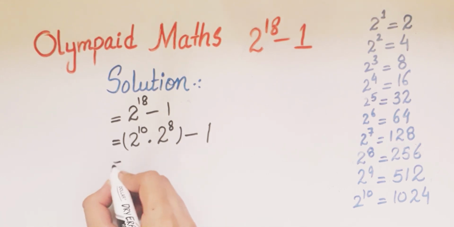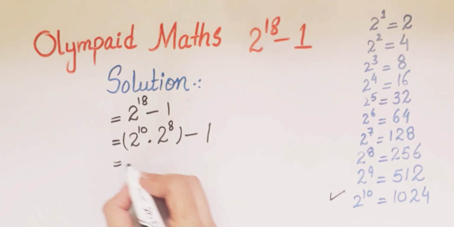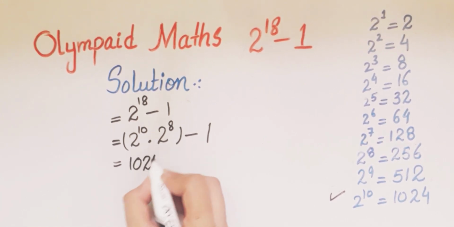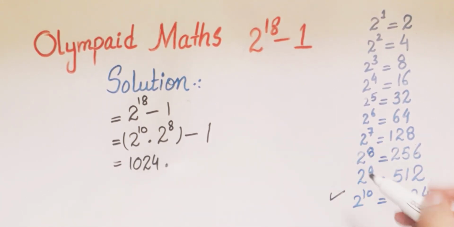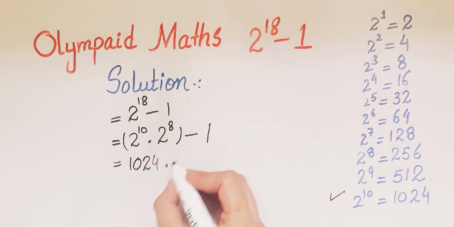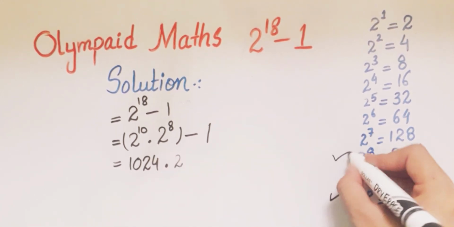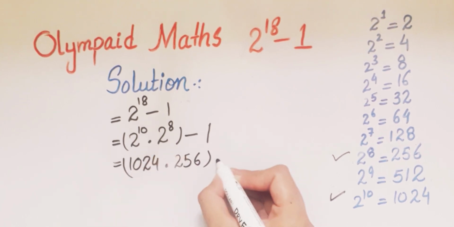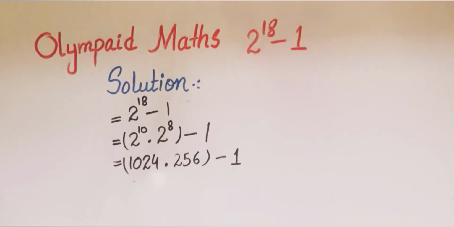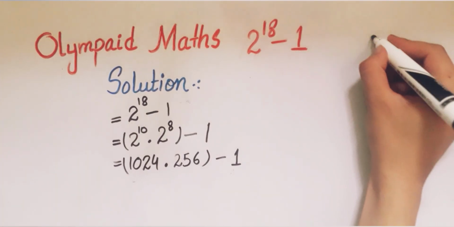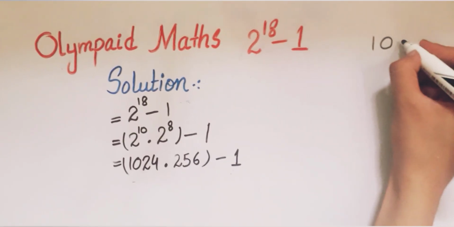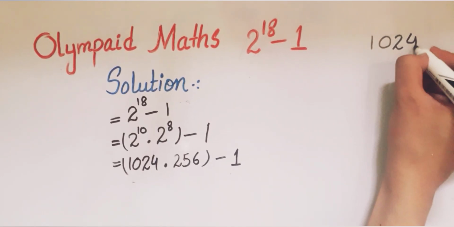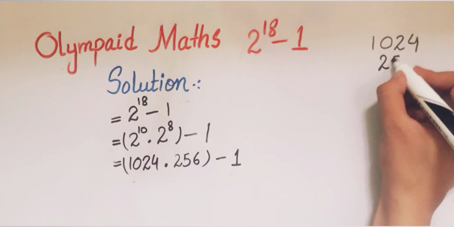So we will write the value of 2 power 10, that is 1024, multiply by 2 power 8, that is equal to 256. We use these two values here, minus 1. Now we will multiply 1024 and 256 in a very easy and simple way.